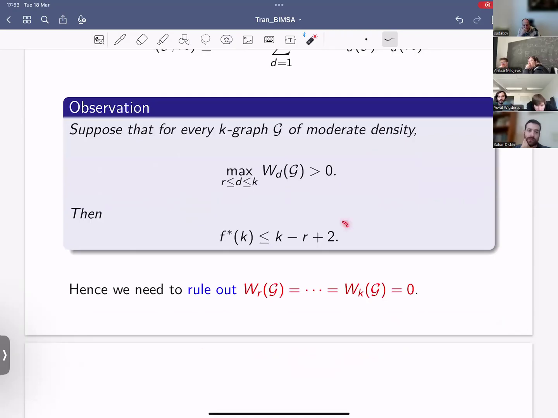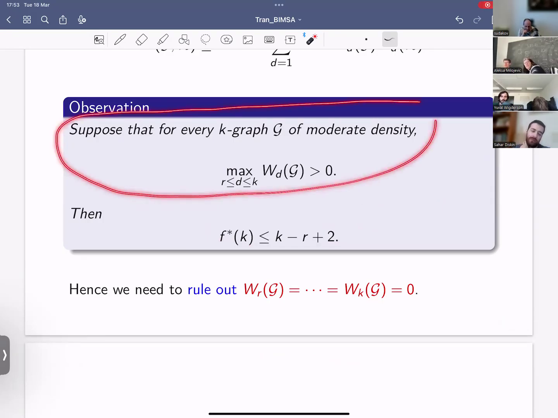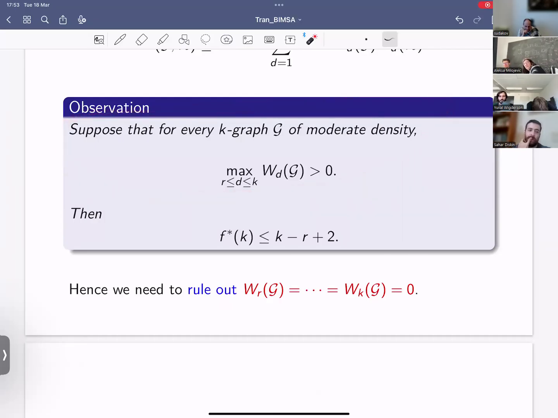So to prove any upper bound of this form, k minus r plus 2, where r is some function of k that we want to have, it's enough to prove this for every k-uniform hypergraph of moderate density: one of the first k minus r plus 1 coordinates of the W vector must be positive.